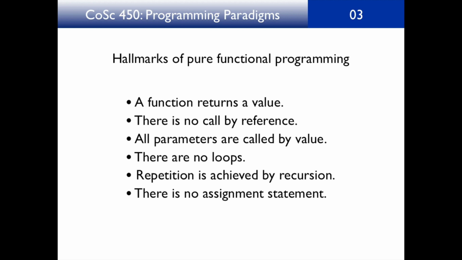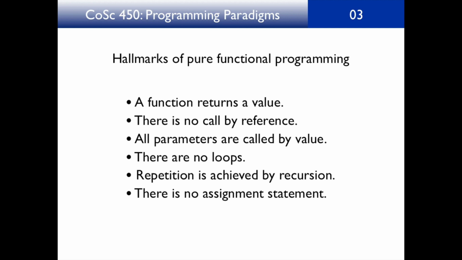Second, there is no call by reference. Instead, all parameters are called by value. Third, there are no loops, except behind the scenes when we do tail recursive functions, but there are no loops in the language. Instead, repetition is achieved by recursion. And furthermore, there is no assignment statement. We've been able to do all of this stuff without saying i gets i plus 1. But now watch this.